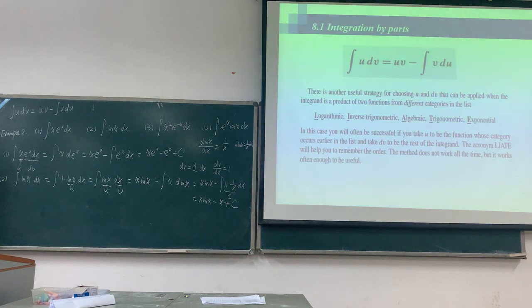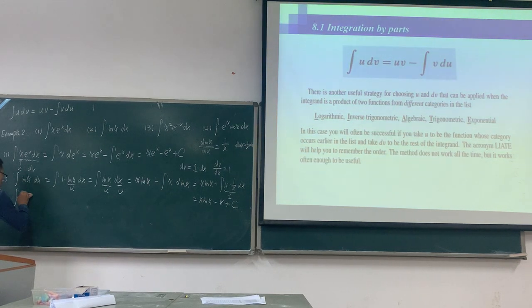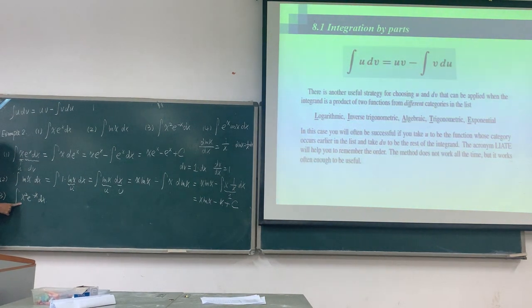So this is the second. Now for the third, the antiderivative of x squared e^(-x) dx. For this function, x squared is an algebraic function and e^(-x) is an exponential function, yeah?